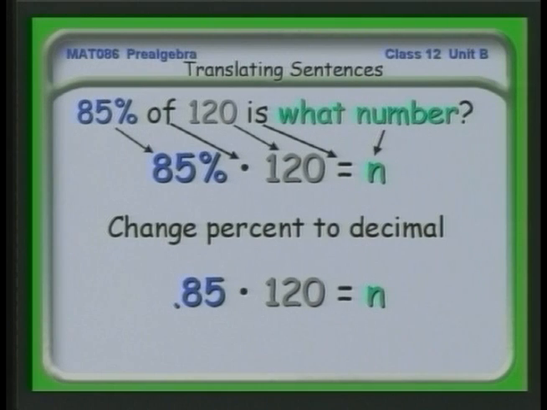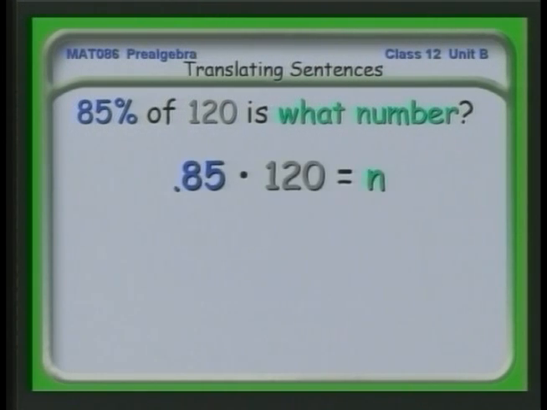Here's the change. 0.85 times 120 is equal to n. Then we do the math. 0.85 times 120 is 102. 102 is 85% of 120. 102 is the part.